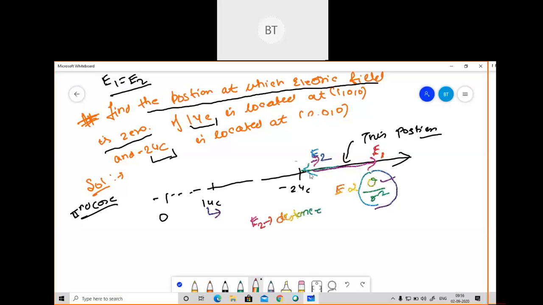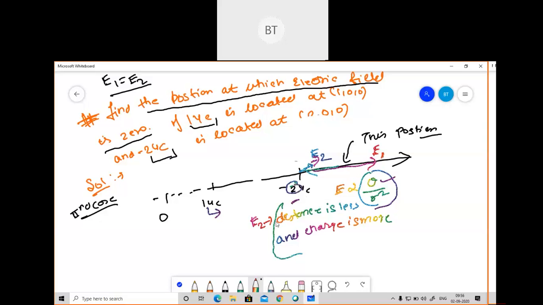This distance is very less, and the charge is more, that is 2. The value of charge is more.